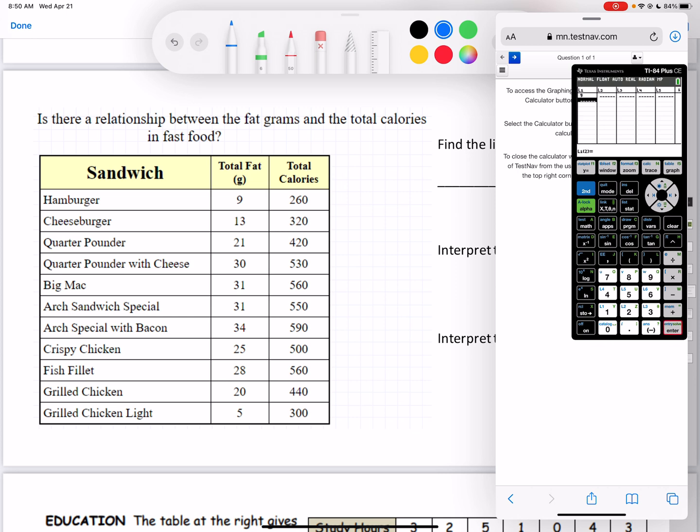So we have 9, 13, 21, 30, 31, 31, 34, 25, and hopefully I don't miss any. If you're sitting at home watching this, you're probably like, oh, you missed one. Okay, so I put all my data into L1 for the total fat. And I'm going to put all the data in for L2 for the total calories.